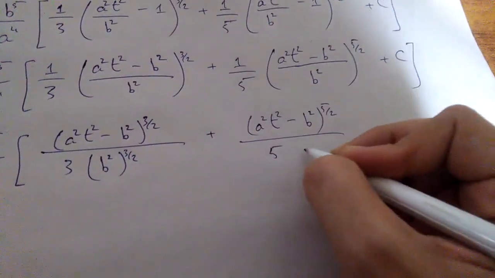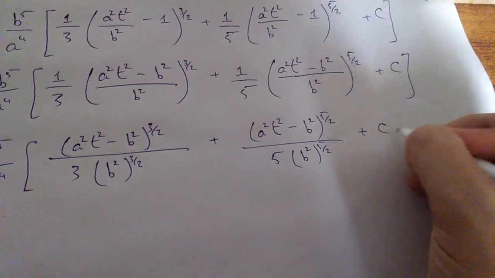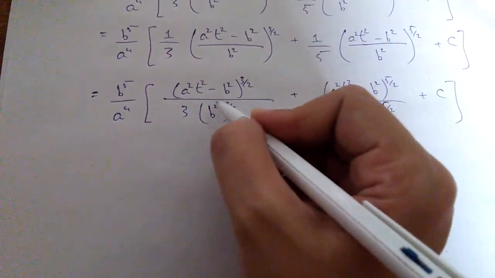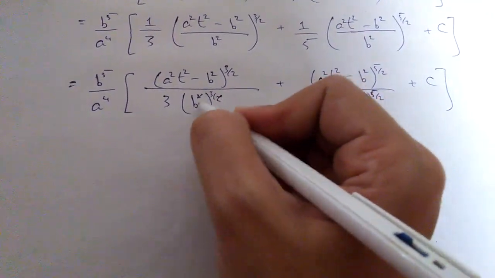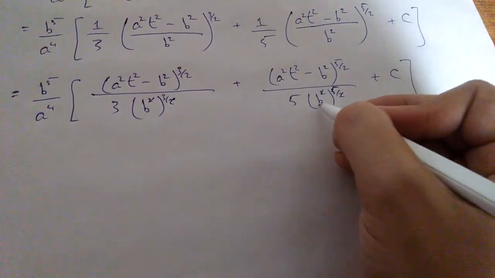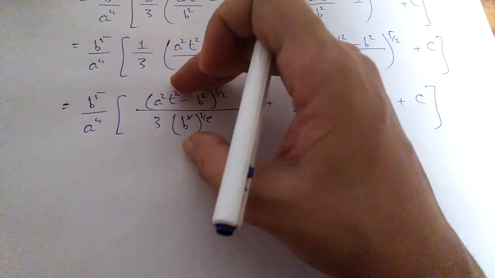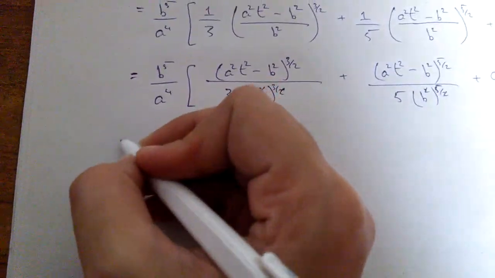Over here also I'm going to repeat the process. It's 5 by 2. So you see, when the powers are overlapped, they get multiplied. This 2 and this 2 get cancelled. You're having b cube here, and over here you're going to have b power 5. And then I'm going to multiply this constant with this term and with this term individually.